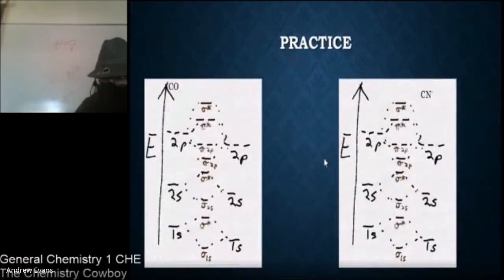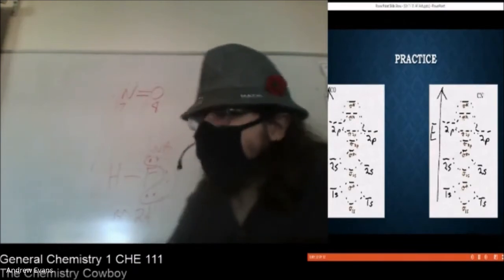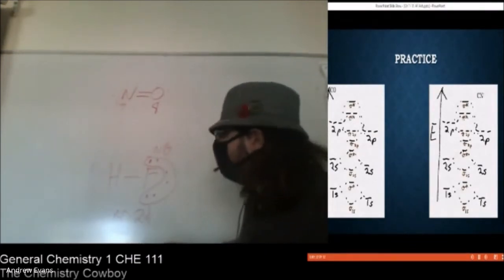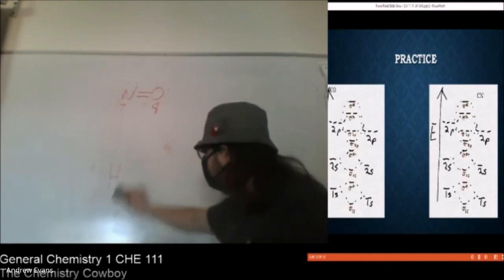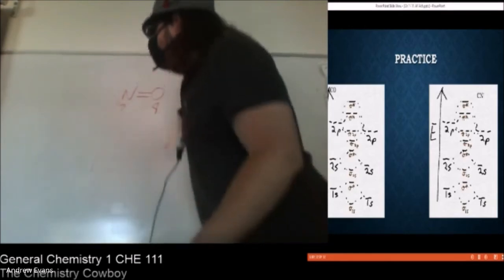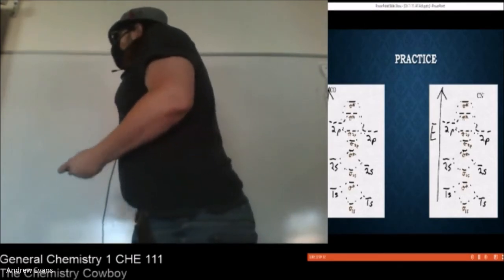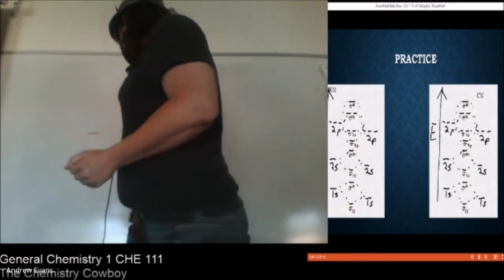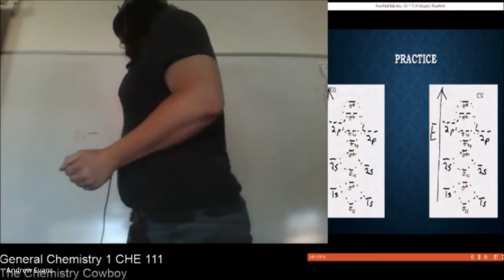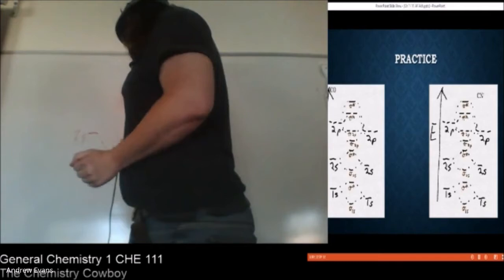Now, we can do the same thing, this is the last slide, with CO and CN minus. Doing the CO structure, you can see what this would look like. We have overlap with the S's, P's. I'm going to skip and just redraw this, just doing it with the valence electrons. 2s, to our sigma.